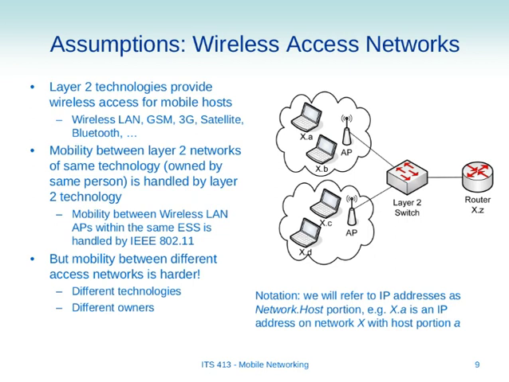So mobility within the same subnet is handled by the layer 2 mechanism. Mobility within wireless LAN access points is handled by 802.11. But when we need to be mobile between different subnets, that's when different challenges arise.